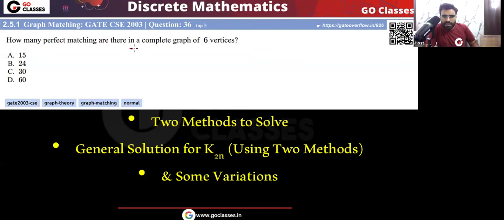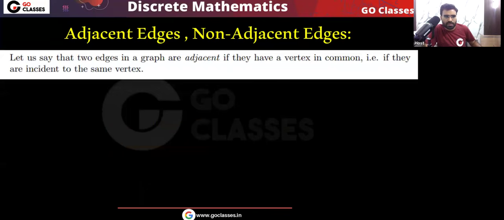Actually, for a complete graph on 6 vertices, perfect matching exists. Okay, we will see what is the number of perfect matchings in this K6. But we will also see the general solution for a complete graph on an even number of vertices using 2 methods. And some variations also we will solve for this GATE 2003 question. So let's solve it. Let's see the 2 methods to solve this question for K6.